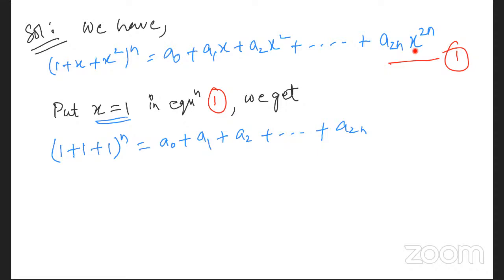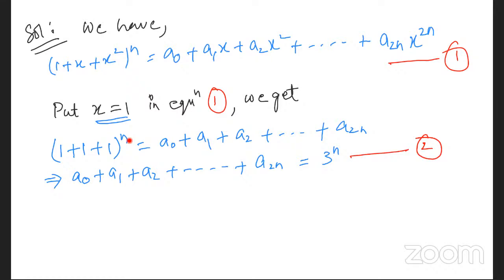So this implies, writing the RHS first, a₀ + a₁ + a₂ + and so on + a₂ₙ = 3ⁿ, since 1 + 1 + 1 is 3, to the power of n. Let us consider this as equation 2.